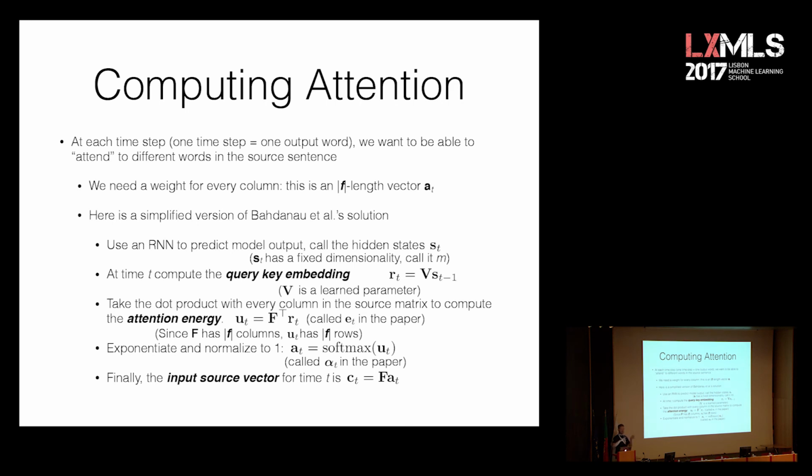We're just saying, I think I should look mostly over here and maybe a little bit over here, and we're going to take this weighting and use that. Finally, we're going to compute this context vector at time t just by reweighting the columns of F with the thing that we've just computed.